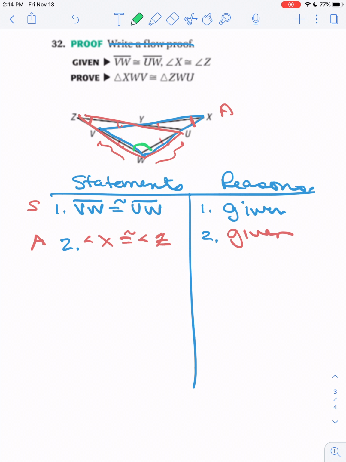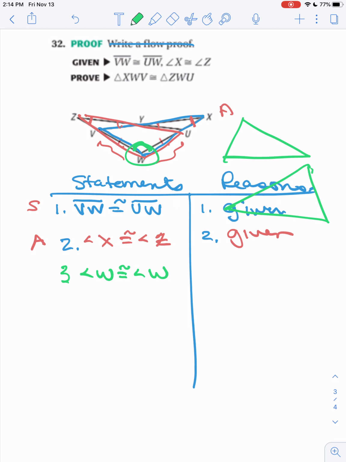Do you see they both have angle W as their angle? So if we separate these two triangles, it would look something like this. But they both have that angle W right there. So we're going to say that angle W is congruent to angle W. And we know anything's equal to itself. That's called the reflexive property.